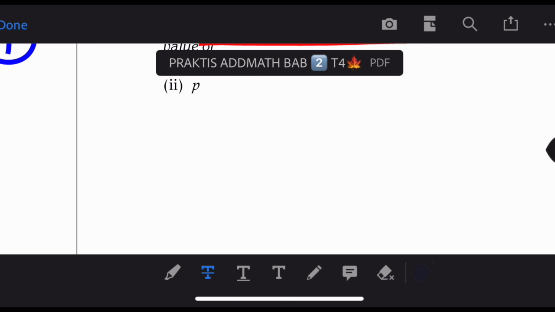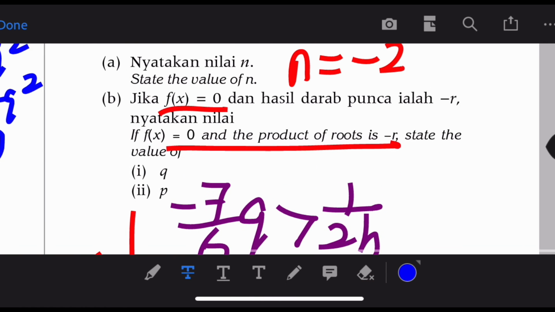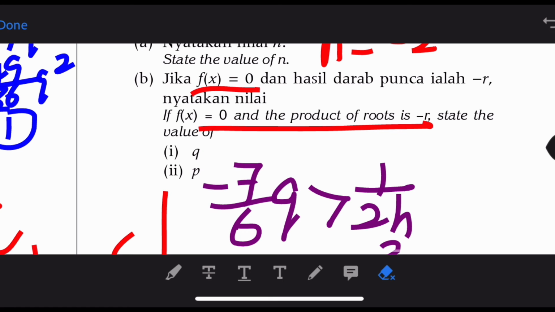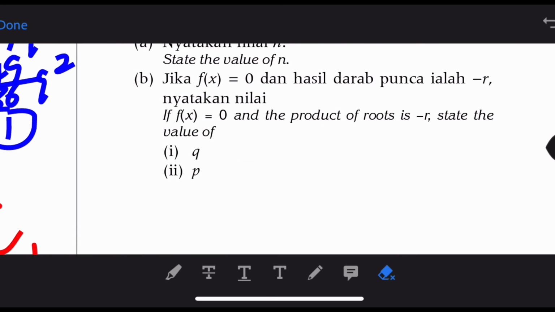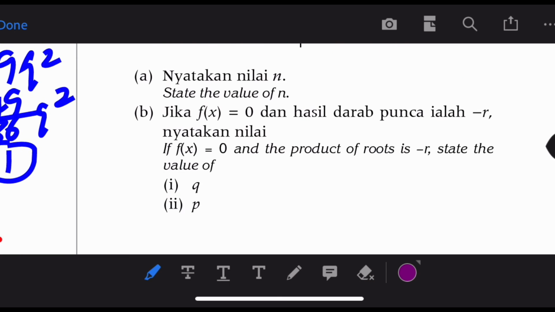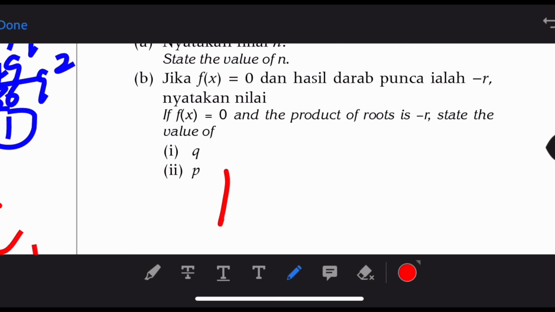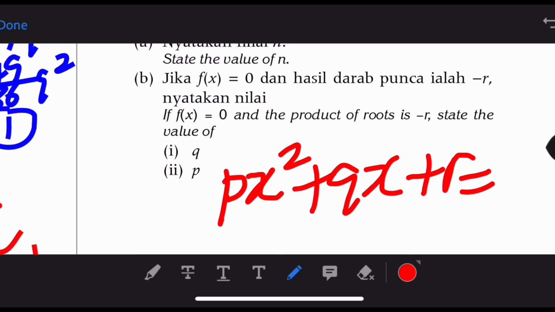So we have to use a formula. Let's write down the equation: px squared plus qx plus r equals 0.